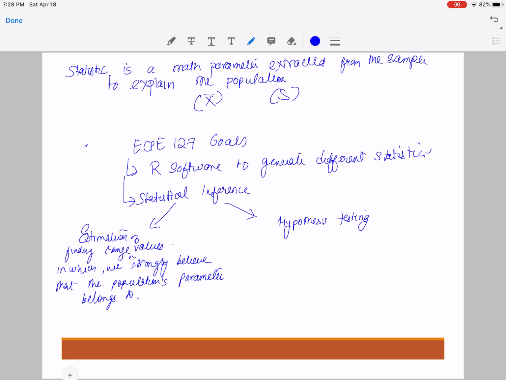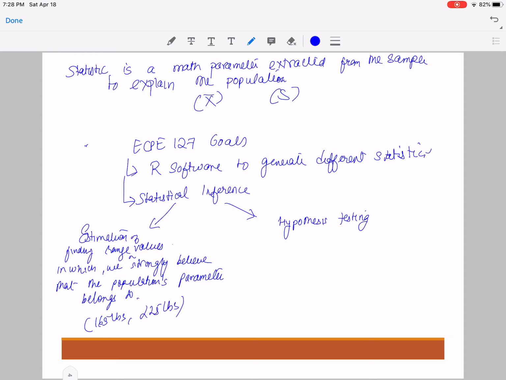So for example, in my preceding example of the average weight of individuals in the United States that have age equal to 30, we may want to find a range, let's say 165 pounds to 205 pounds.